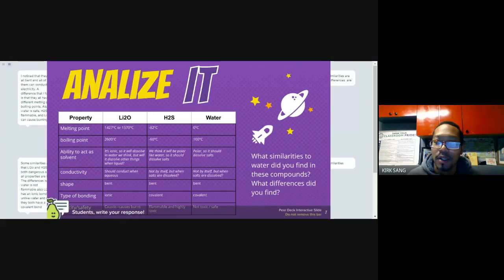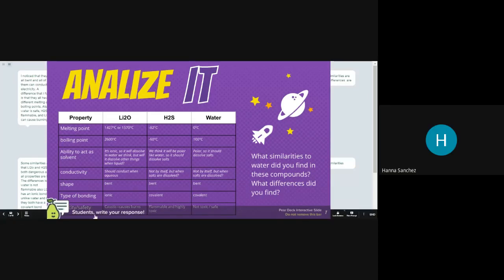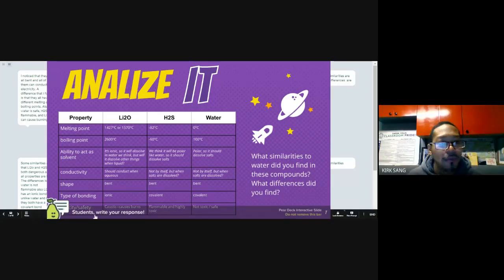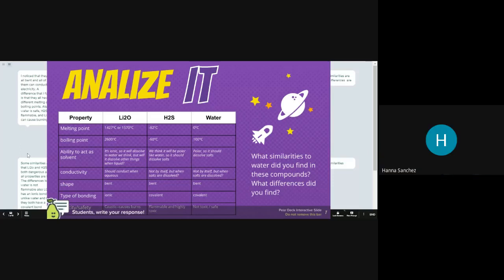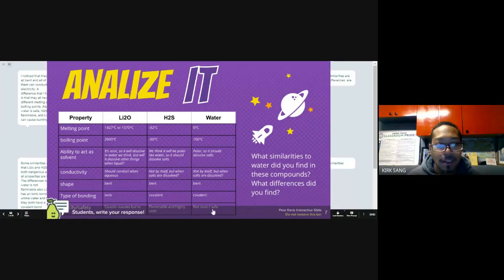Some are bent, only one or two are bent. All of them. Ah, there's some. Thank you. Give me one difference. Water is not toxic, it's safe. All right, water is not toxic, it's safe. Thank you so much. Kaylee, give us one similarity, one difference that you noticed in properties.